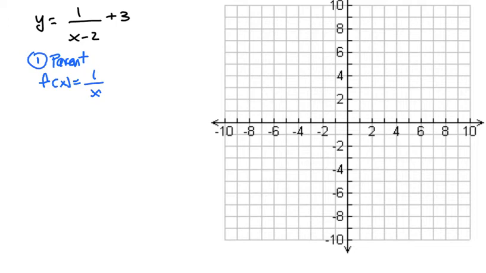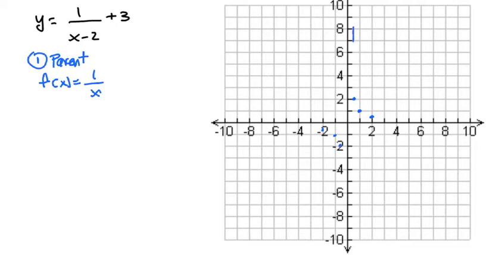So I'm going to draw the parent function by identifying the key points for 1 over x, which are (1, 1), (1/2, 2), (2, 1/2). And on the other side, similarly, (-1, -1), (-2, -1/2), and (-1/2, -2).